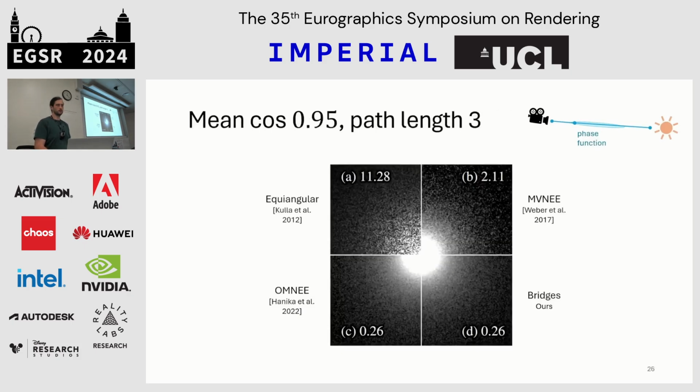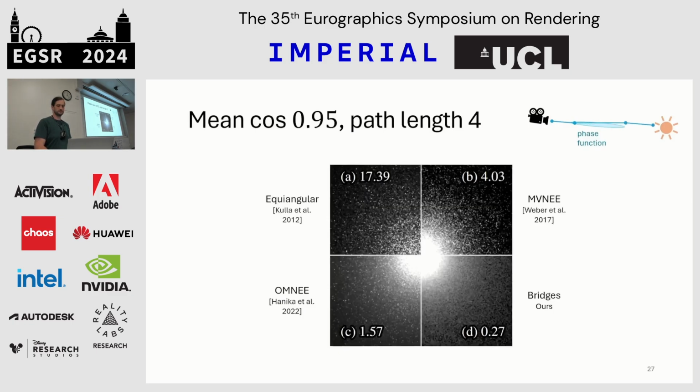So let's look at something more interesting, which is what we wanted to achieve here: multiple scattering. I'll show a strongly forward scattering phase function and increasing path lengths. So this is path length 3, which I've shown before, and everything is as you've seen before. But already at one bounce more, both Omni and the multiple vertex NEE get worse.